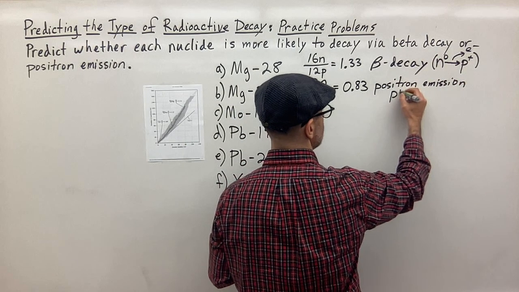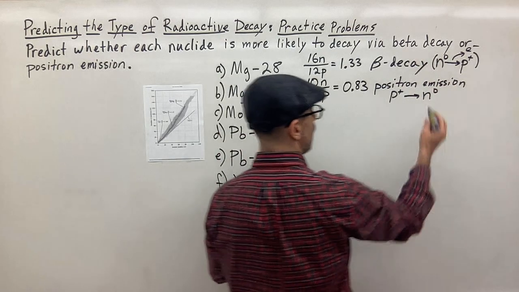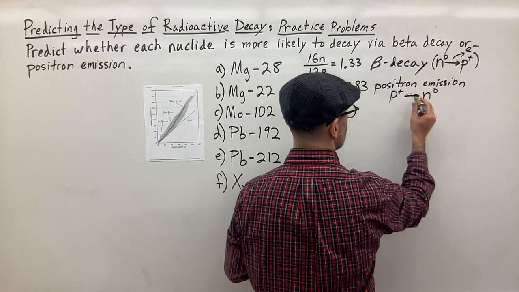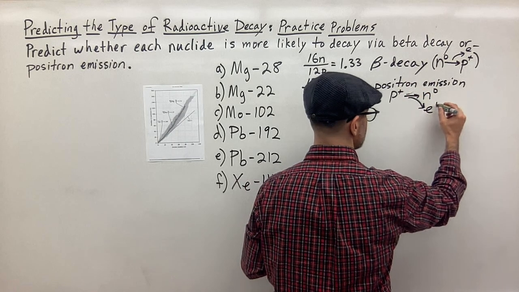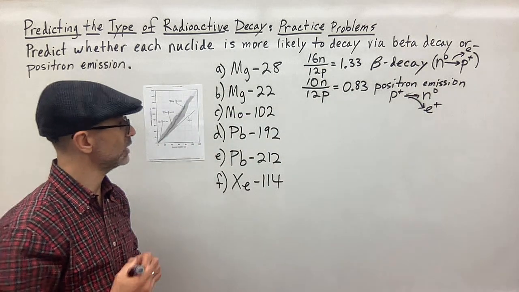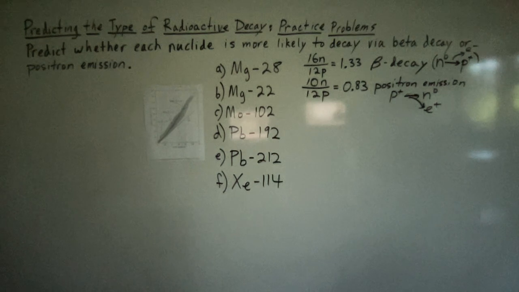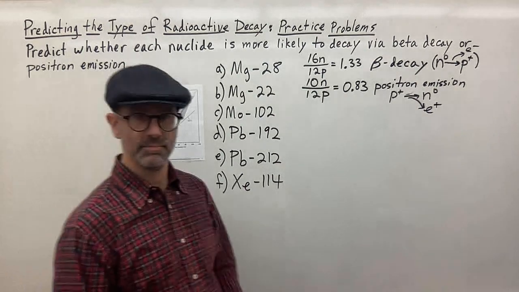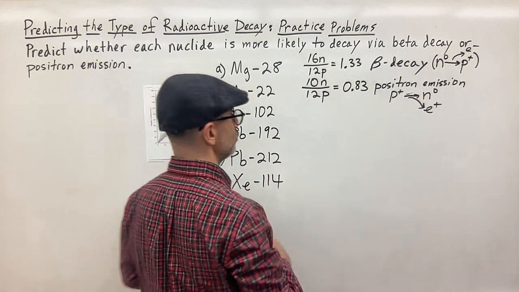A proton becomes a neutron. And this, I should probably draw it the other way. And in the process, a positron or a positive electron gets released. Sorry about that. So this is more likely to undergo positron emission.